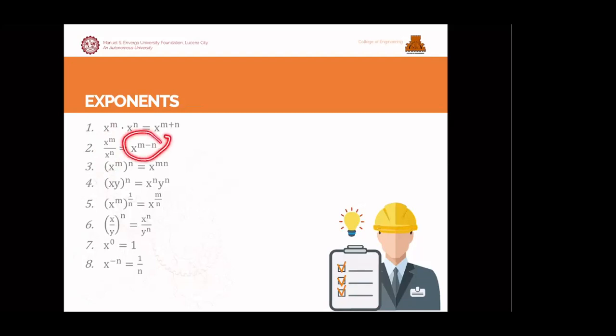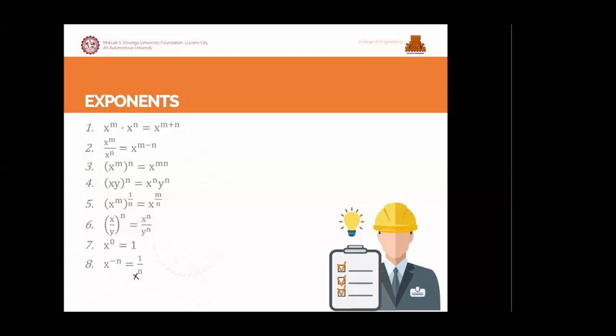And then there are cases na nagiging negative yung value niyan. Once na naging negative yung exponent natin, that indicates yung number 8 natin na si variable natin should be in the denominator. So 1 over x raised to n dapat yun.